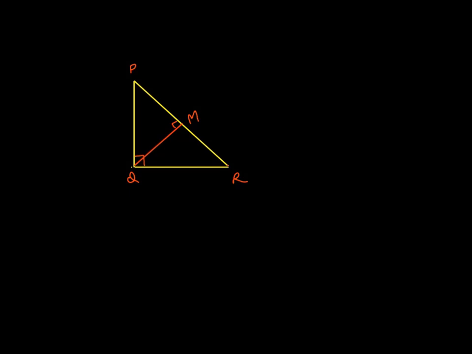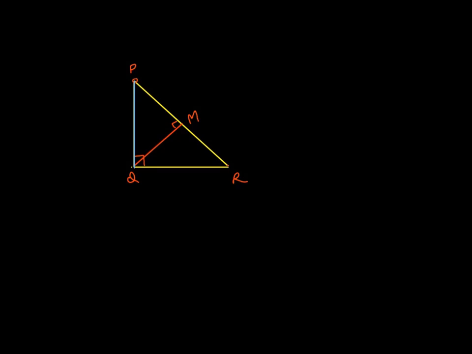Now if I try to draw an altitude from point P, I will not be able to make a separate altitude. If I am trying to draw an altitude from point P, what will happen? The altitude which I will draw will coincide with the side PQ.